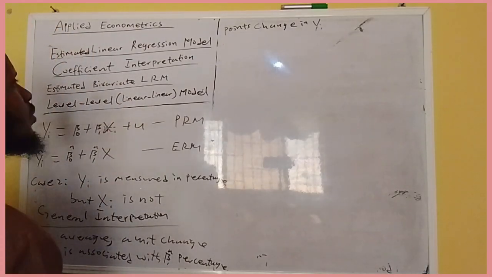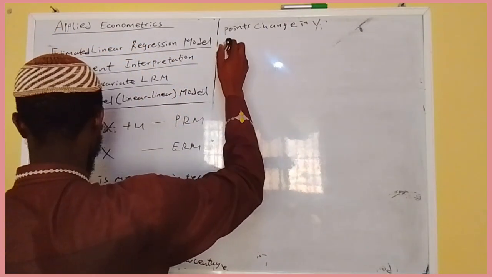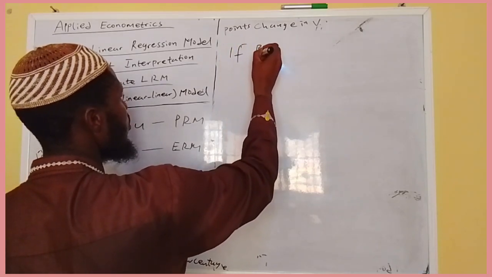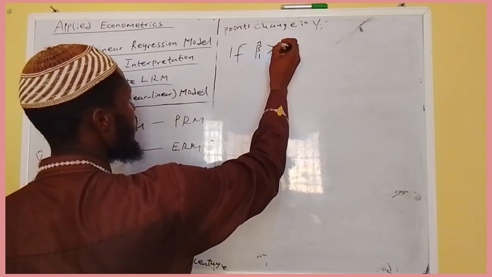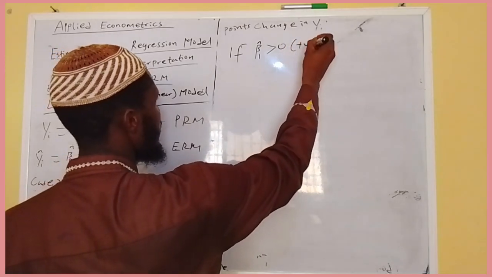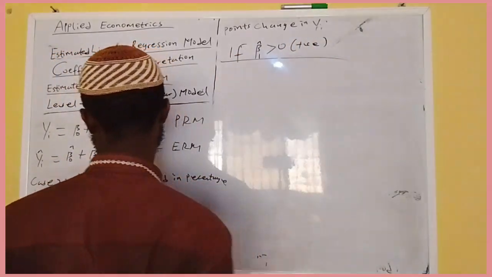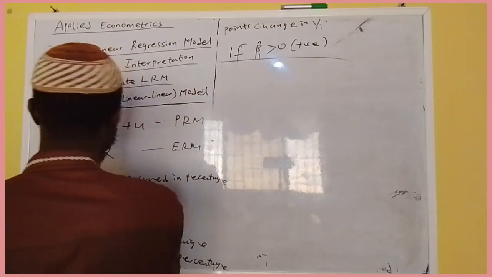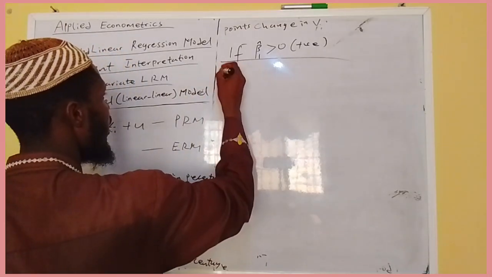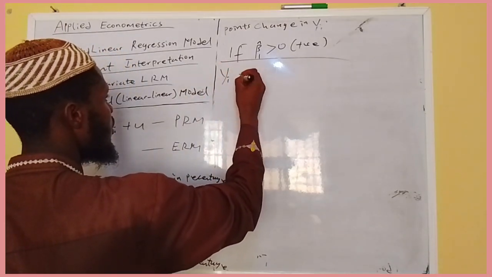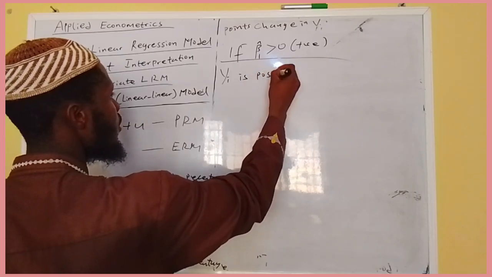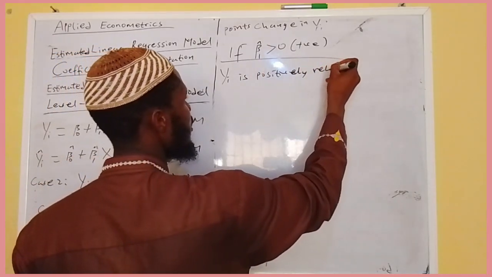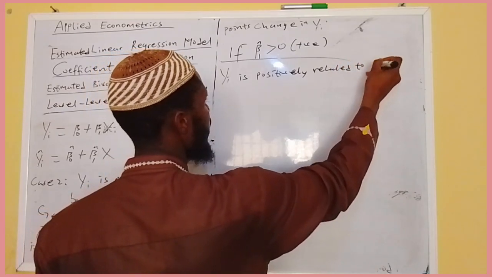Okay, now let's consider a situation whereby our beta 1 hat is positive. How do we interpret? Very straightforward. The interpretation is that y is positively related to x.